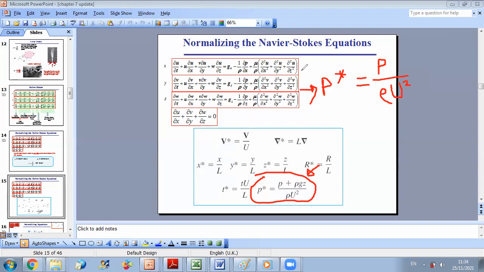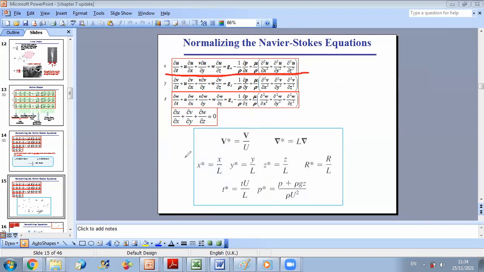So now, after defining all of these parameters, let us find together what will be the resulting normalized form of the equation. So let us start by normalizing this equation. Just before doing that, we still have the normalized time. For the normalized time, we already defined a characteristic velocity and characteristic length of the flow.